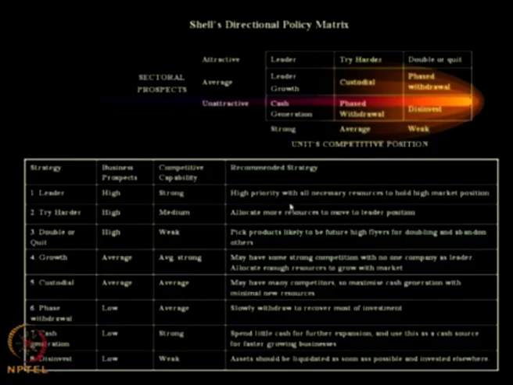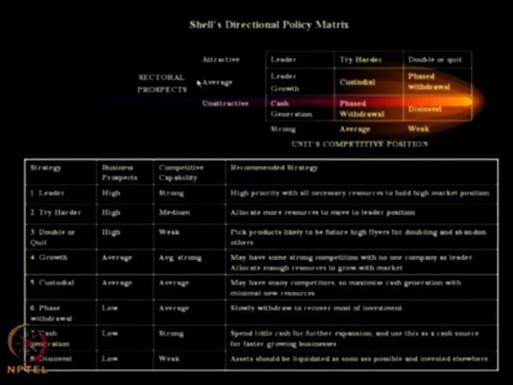High priority with all necessary resources to hold high market position. So, put your efforts to see that you are really the leader in the marketplace, and do not give up the leadership position.